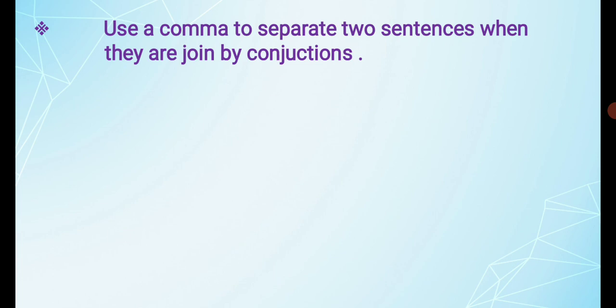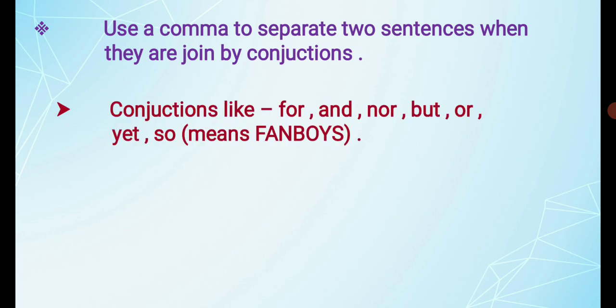Next rule is use comma to separate two sentences when they are joined by conjunctions. Conjunctions are the joining words. They join two different sentences related to one person or something else. At that time we use a comma. Which conjunctions?